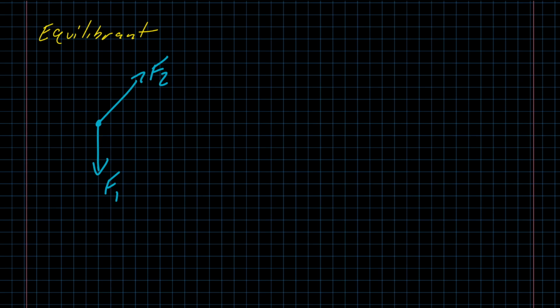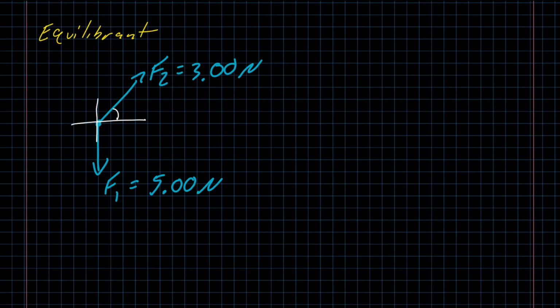F1 is going to have a magnitude of 5.00 newtons, and F2 is going to have a magnitude of 3.00 newtons. I'm going to set up my coordinate axes in standard position because, well, I have to choose something, and I don't really have a good one or the other here.